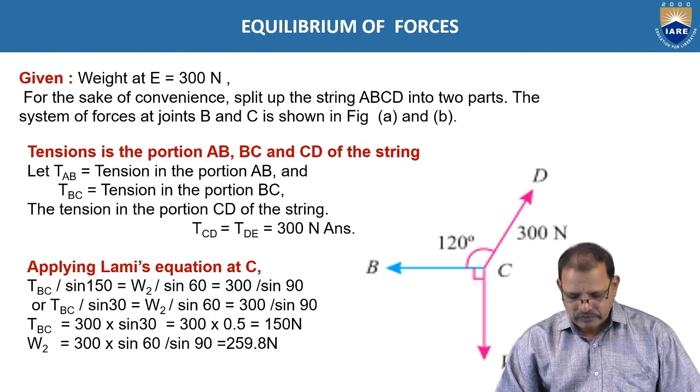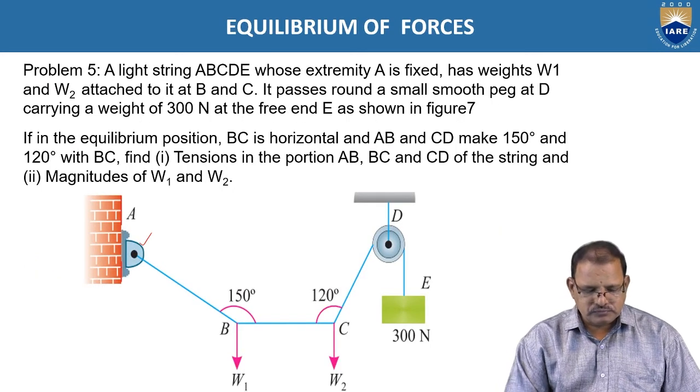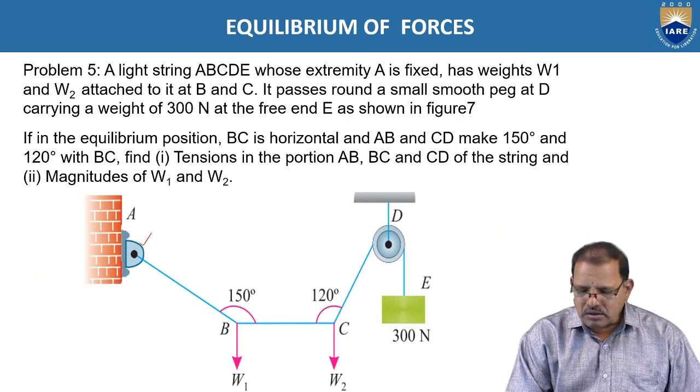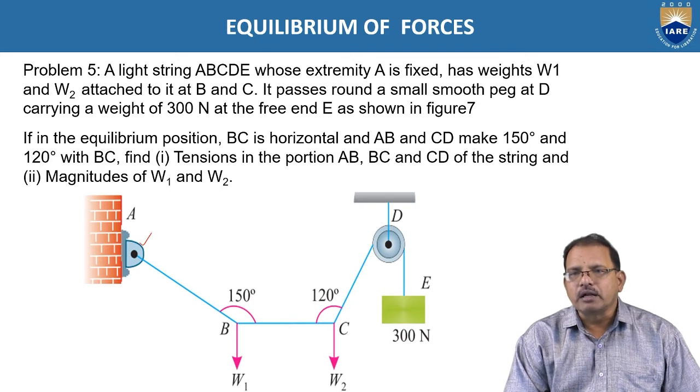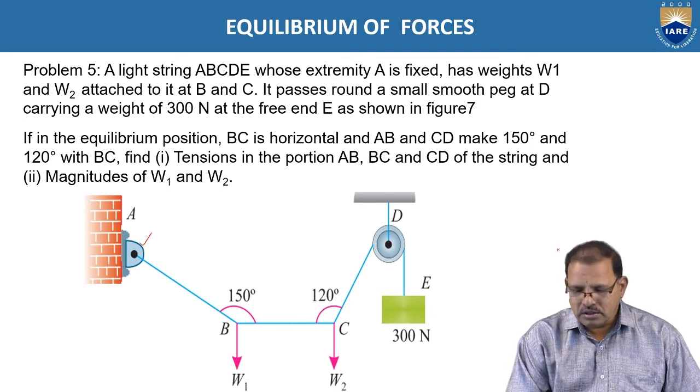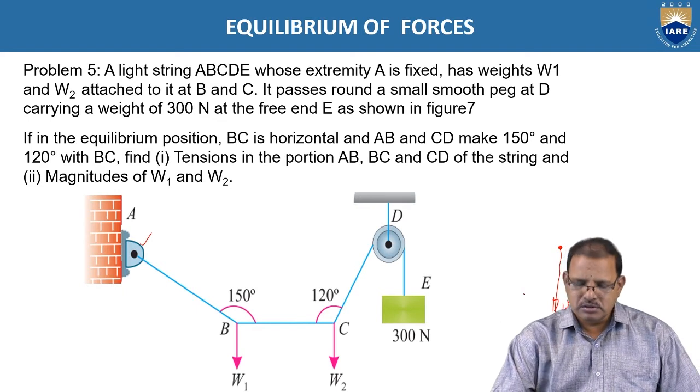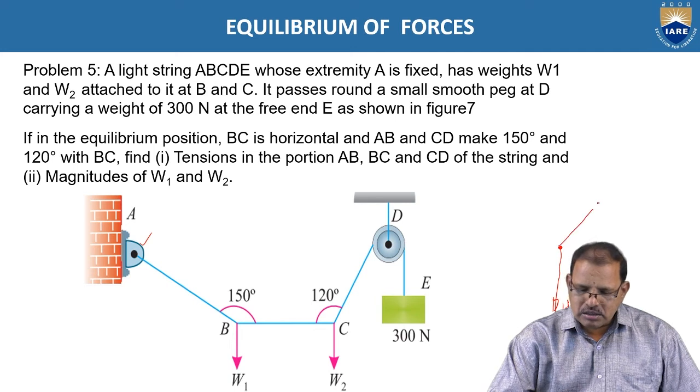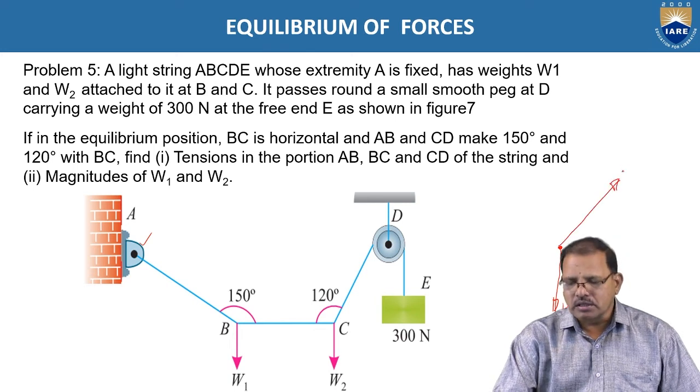Now at C, drawing the free body diagram, at C the weight W2 is acting in the downward direction, W2, and the tension is there, TCD.